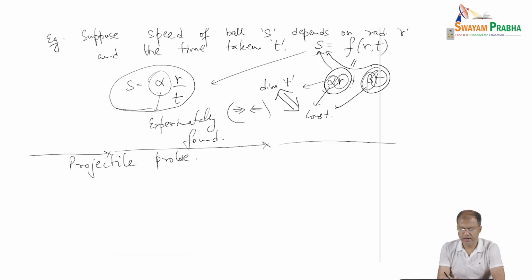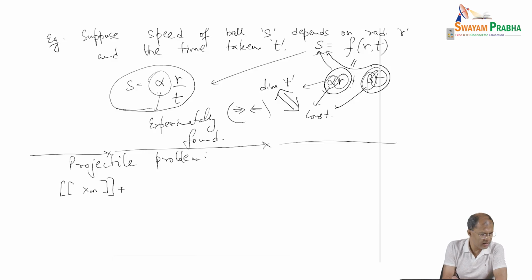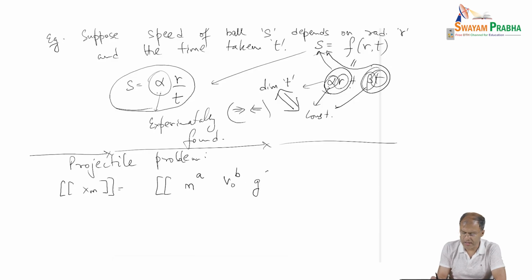Now for the projectile, we wanted to find the maximum height. So dimensionally, the maximum height is going to be some ratio. Let us say it is m to the power a, m being the mass, v naught to the power b, v naught being the initial velocity, and g to the power c. Listeners must not be confused by these powers, because if the powers are negative, then these variables will go in the denominator and we will have ratios.